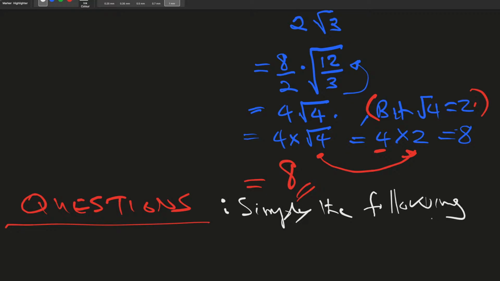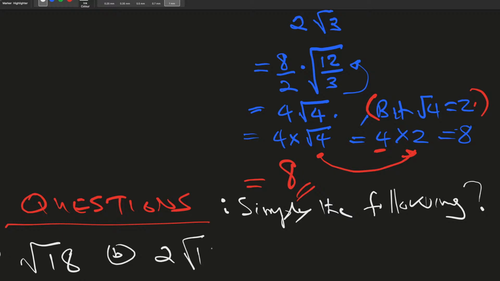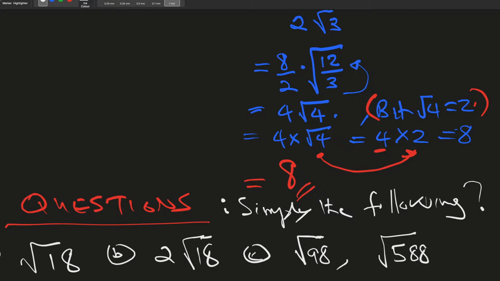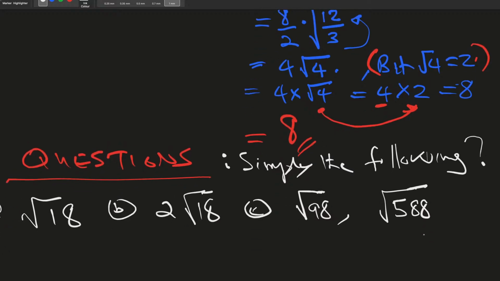The following that we've been given means we have A as root 18, B is 2 root 18, C is root 98, and the last one is root 588. So we are going to tackle them one by one and solve it.